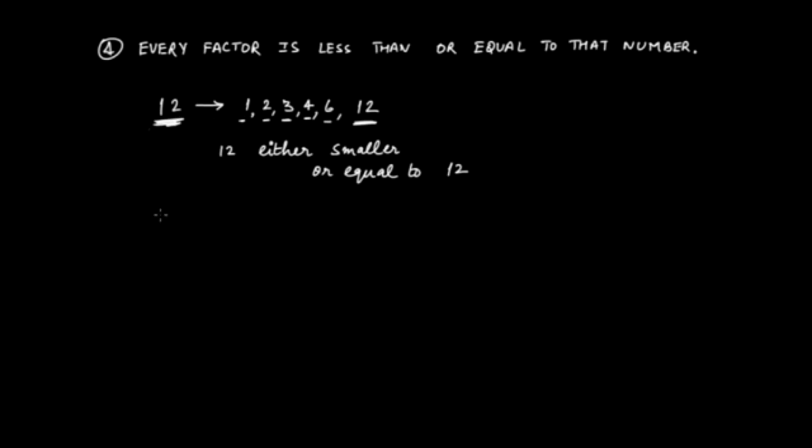Even if you take 10, the factors of 10 would be 1, which is always a factor of every number, then 2, then 5, and then 10. So 10 is equal to 10, and 5, 2 and 1 are smaller than 10. That is what this point is saying: every factor is less than or equal to that number, and that holds true for every number.